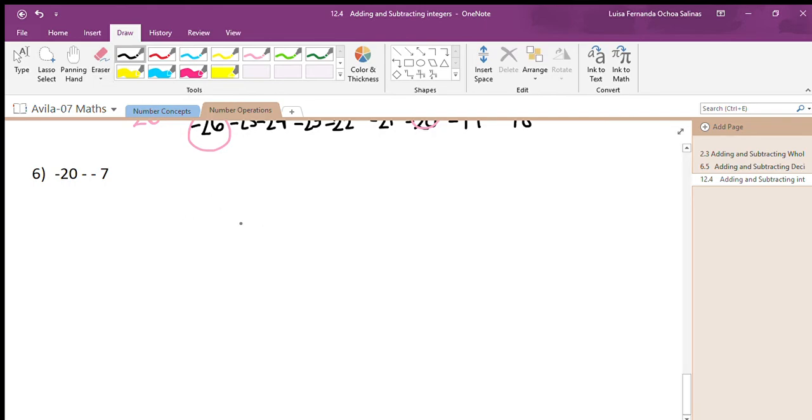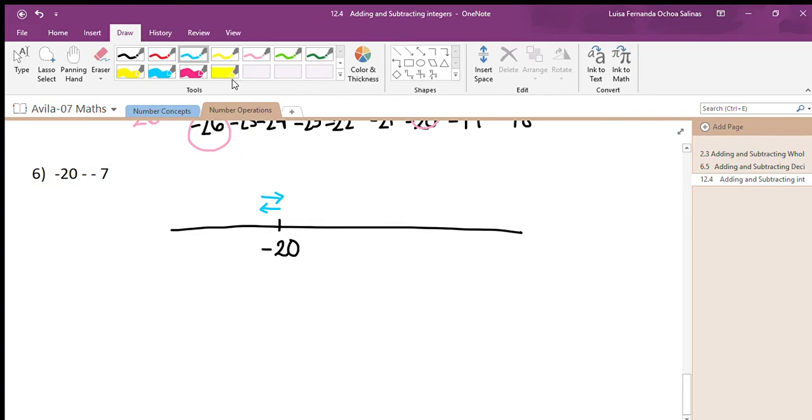So I write my first starting point, I'll go in the middle. Say, okay, negative 20 is where I'm starting. Then I say, okay, what do I have here? A negative. That means that I have to go to the left. What do I have then? I have another negative. That means that I have to complete my number line in this direction.